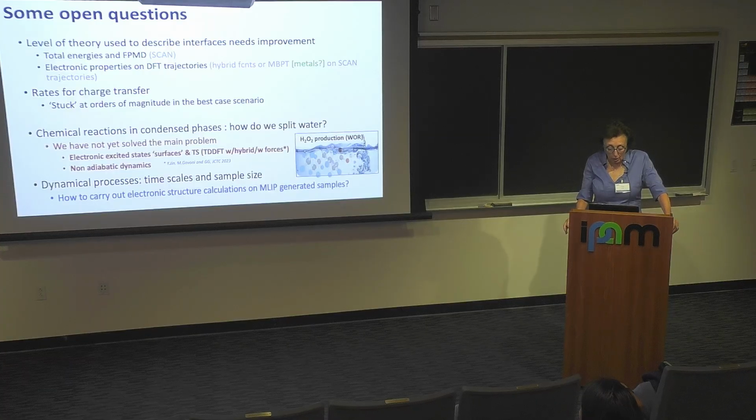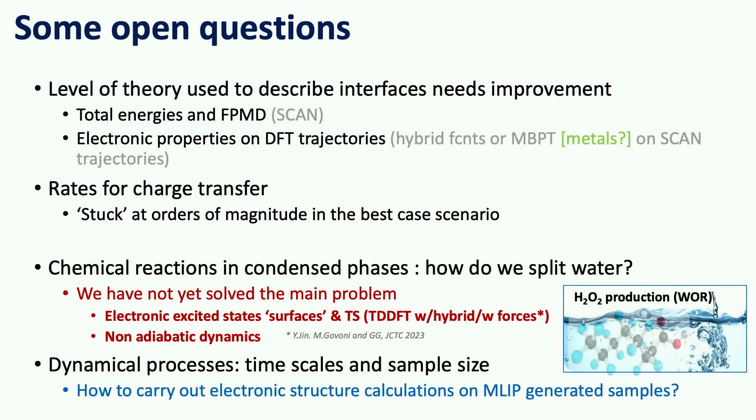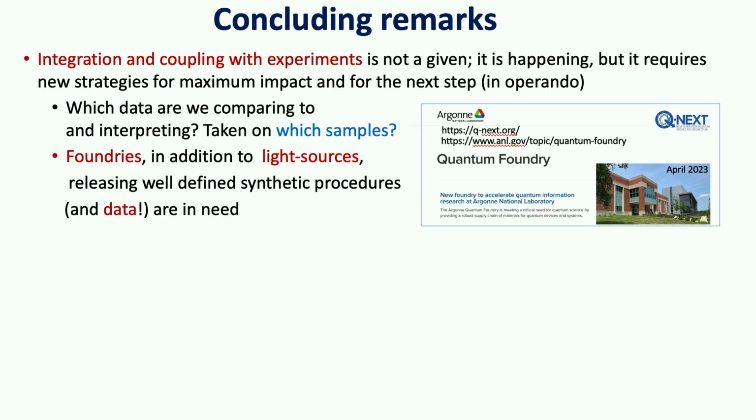I want to mention, as I mentioned many times, how do we carry out electronic structure calculation on big samples generated by machine learning? And this is more for maybe another audience, but it's a plea to experimentalists. We need to understand what they have in their samples. And so we need foundries where they tell us how they make the samples and how they prepare the samples and how they are characterized.